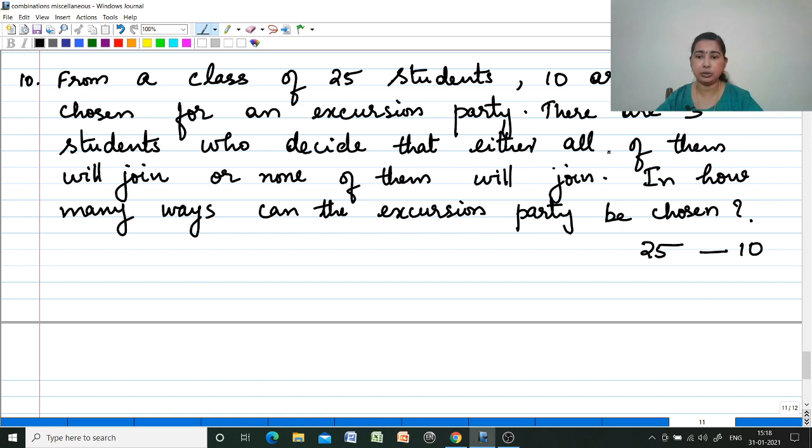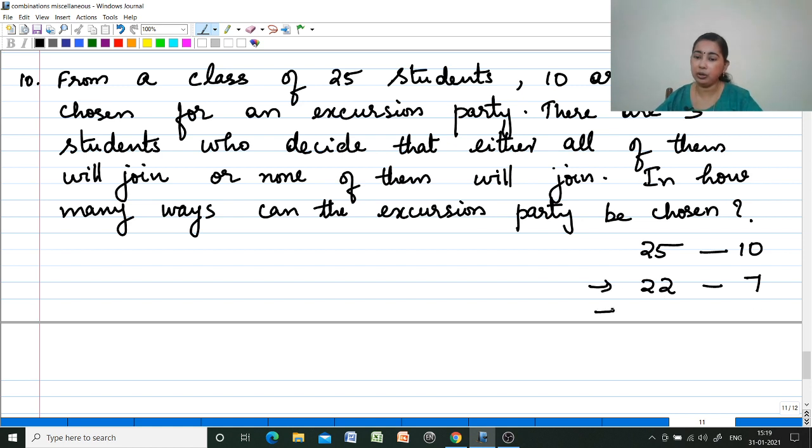So, if all these 3 students are joining, we don't need to consider their consent, because if one is going, all the 3 will go. That means I need only 22, and from 22 I have to select 7 more, because 3 are already going.